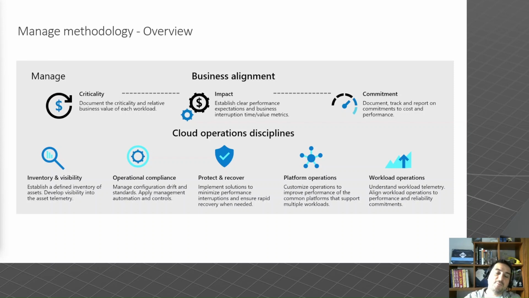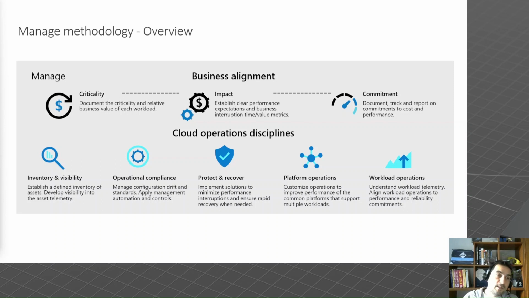And then we have to set up some form of KPIs or commitments, right, in regards to cost and performance. So as far as the cloud operation disciplines, we have the inventory and visibility, operational compliance, protect and recover, platform operations, and then we have the workload operations here as part of the environment. But either way, we have to have some form of visibility on the telemetry that these workloads have inside Azure, right?